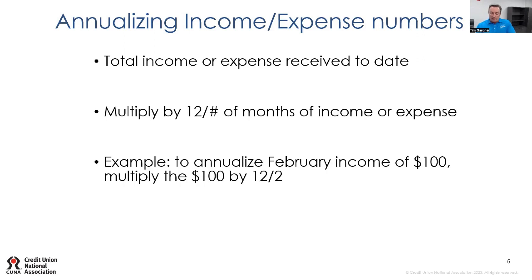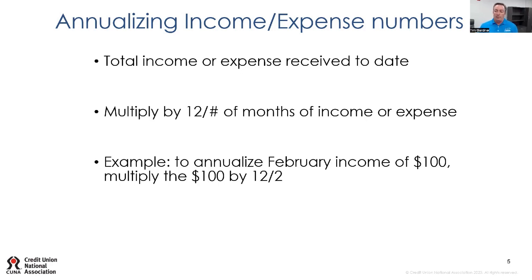So it becomes a little easier in the first part of the year, because if I take January's numbers, it would be 12, and then 1 divided into that equals 12. So I would take January's numbers and multiply it times 12. I take February's numbers and multiply them times 6.